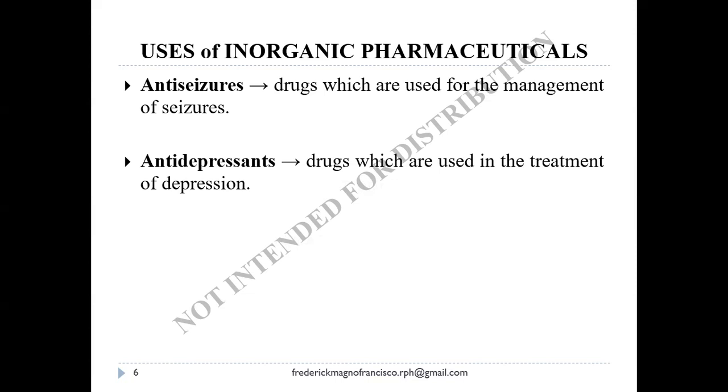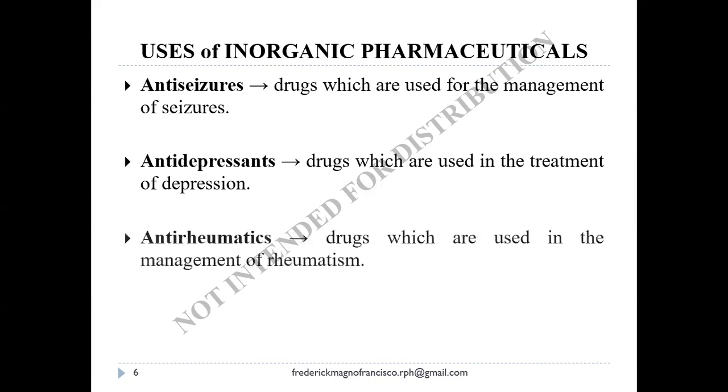Example of an antidepressant is lithium carbonate. Anti-rheumatics. These are drugs which are used in the management of rheumatism. Rheumatoid arthritis happens when the immune system attacks the lining of the joints, causing inflammation and pain. Example of an anti-rheumatic is auranofin.